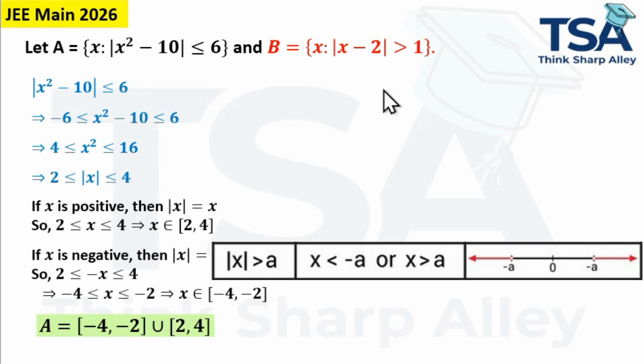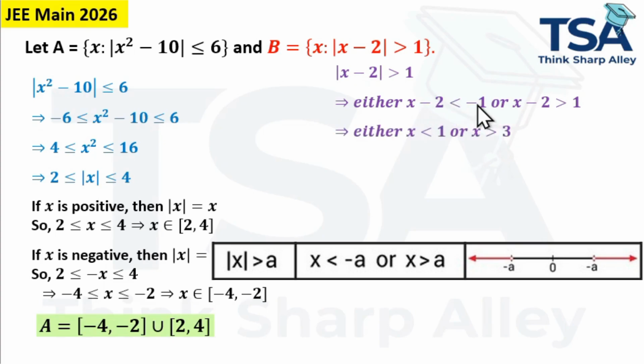So either x minus 2 is less than -1 or x minus 2 is greater than 1. Simplifying both sides, just adding 2 on both sides, we are getting x less than 1 or x greater than 3. So if you want to visualize this on the number line, that creates two infinite rays starting from 1 going left and 3 going right.